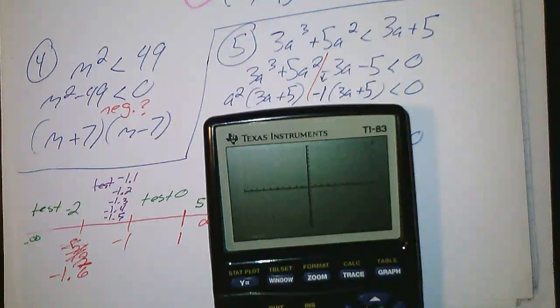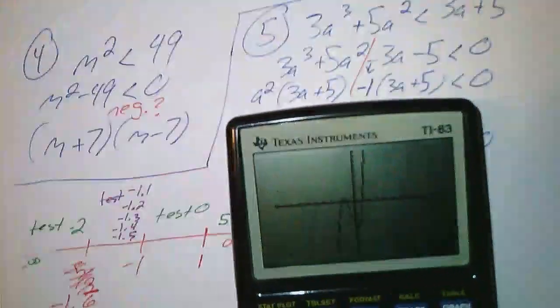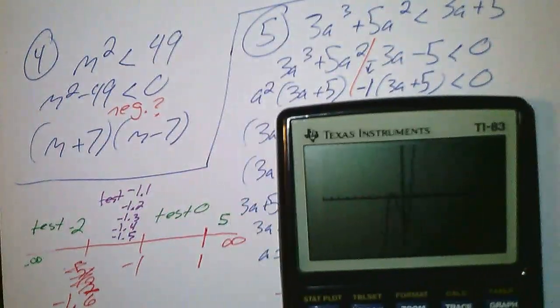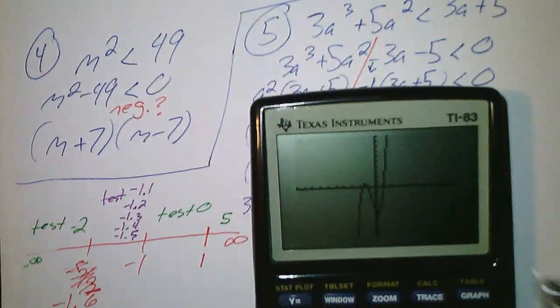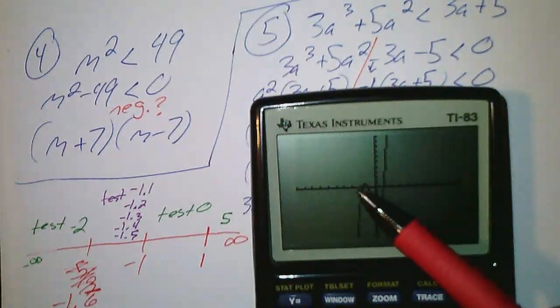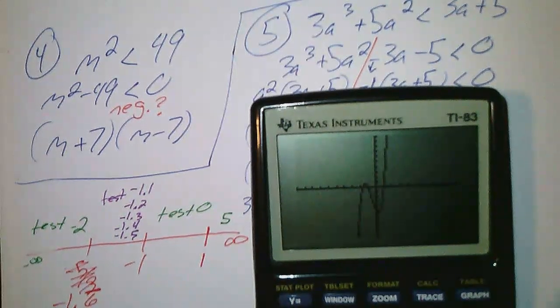And I will hit graph. I'm going to move the camera down. There we go. It looks almost like we're bouncing right here. But there's something happening there, so let's take a look.